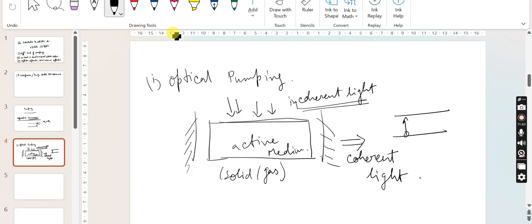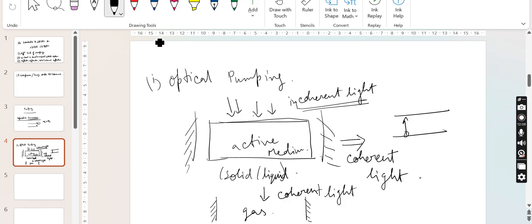But for gas, if we want to use optical pumping, we need coherent light.